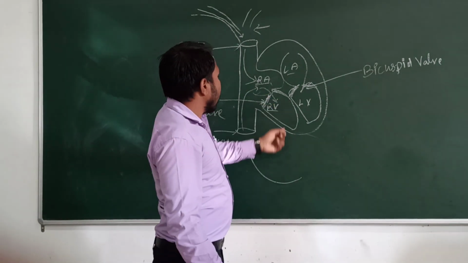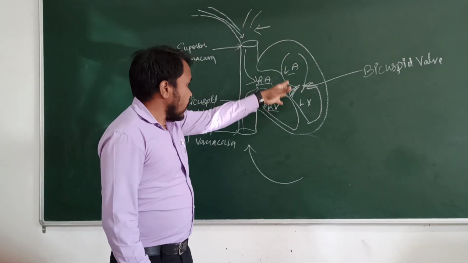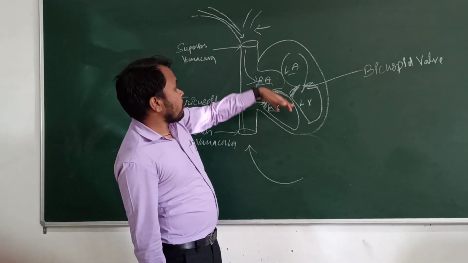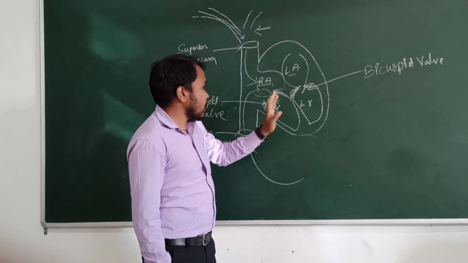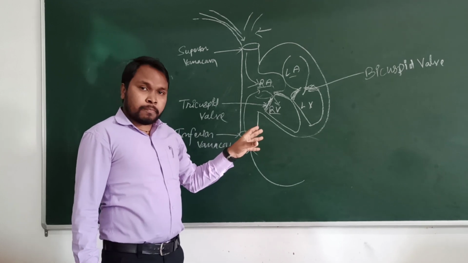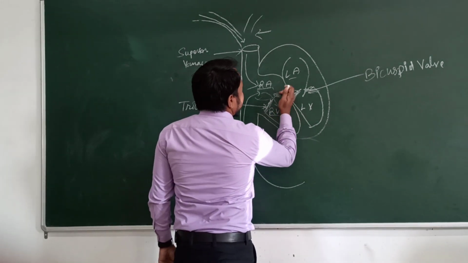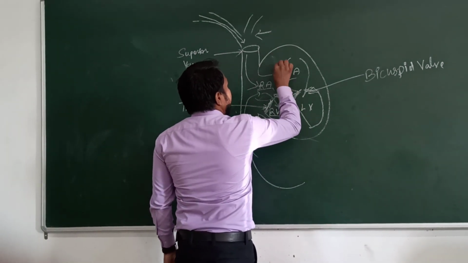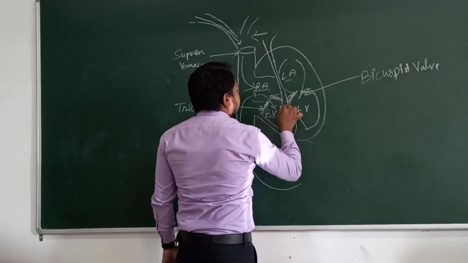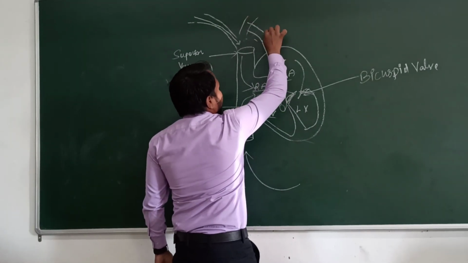It is responsible for sending blood to the lungs. For transferring blood from the right ventricle to the lungs, a special blood vessel is attached. These blood vessels are pulmonary arteries. These pulmonary arteries arise from the right ventricle and send blood to the lungs.